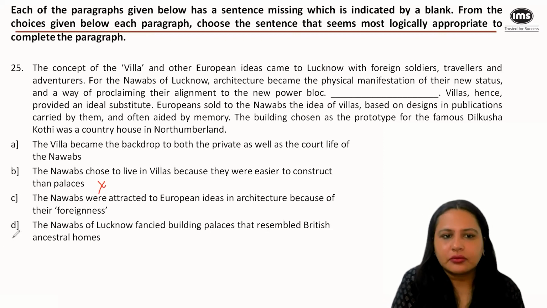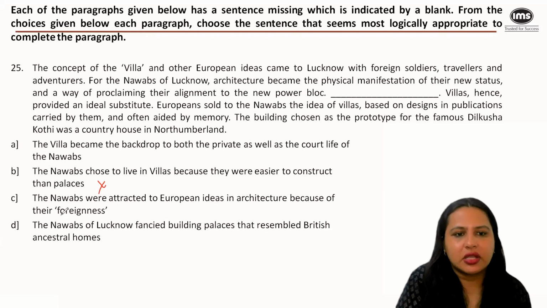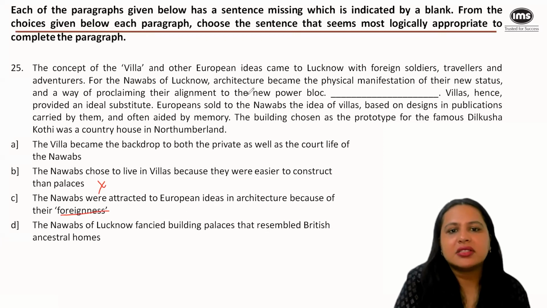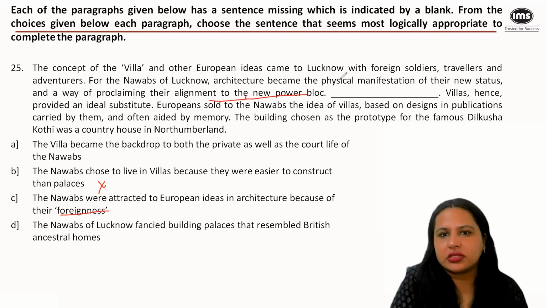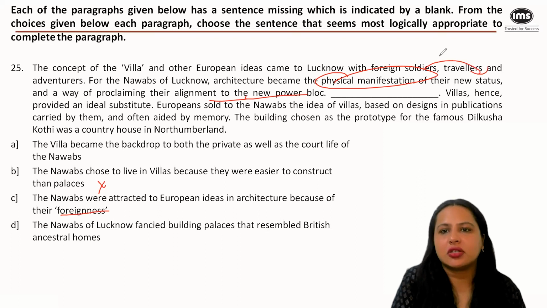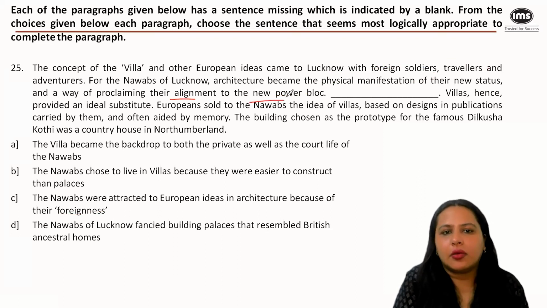Option C, the Nawabs were attracted to European ideas in architecture because of their foreignness. Now, the paragraph clearly states that they became aligned with it not because it was foreign. It is because they wanted to use villas, or the entire architecture, as a physical manifestation of their new status and a way of proclaiming their alignment with the new power bloc.